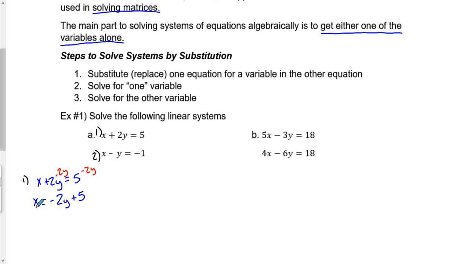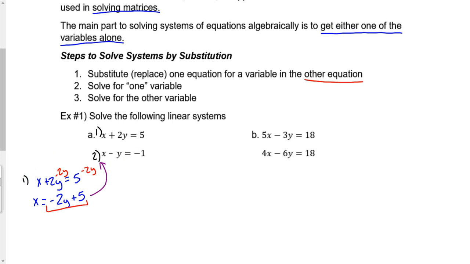Now, if this is saying that x equals negative 2y plus 5, I'm going to plug that into the other equation. So I solved equation 1 for x. So I'm going to plug this equation into the other equation. So I'm going to substitute equation 1 into equation 2.